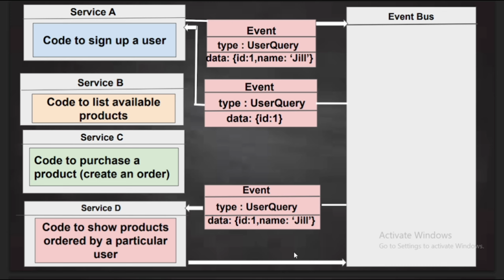We would repeat the exact same process to look at all the different orders that this user has created, and retrieve details about all the different products associated with these orders from service B. That is one possible way of doing asynchronous communication using events.